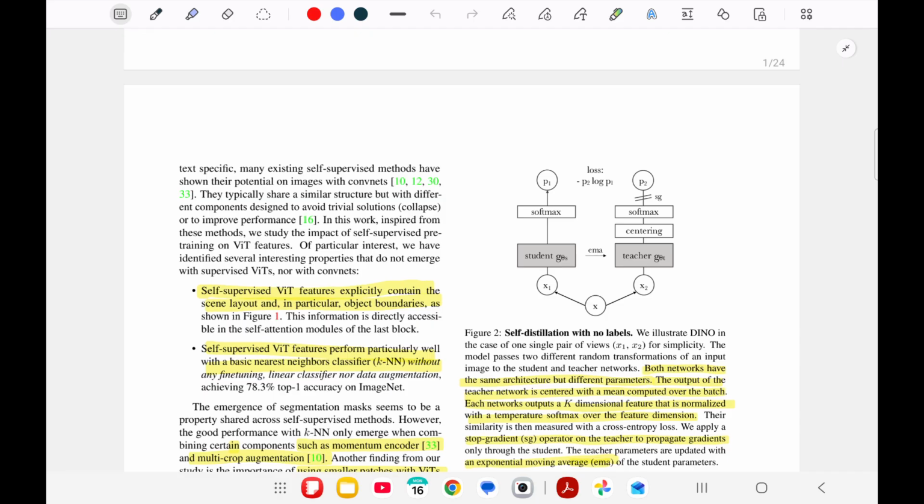Their architecture uses a ViT, and they have the same teacher and student network.